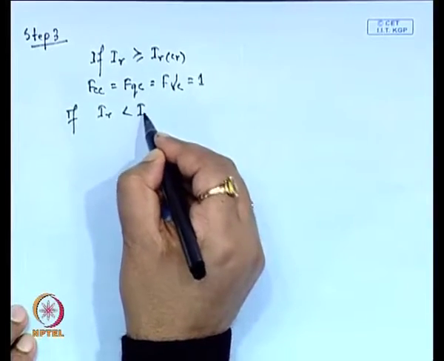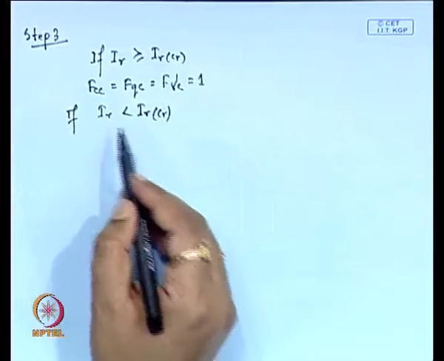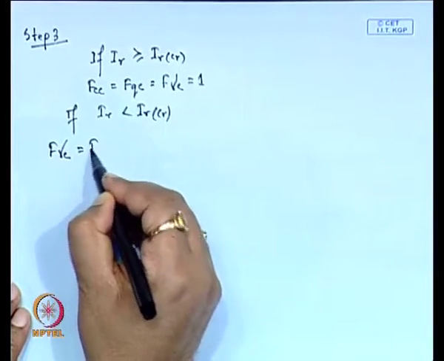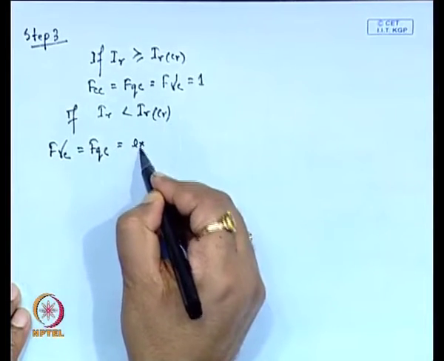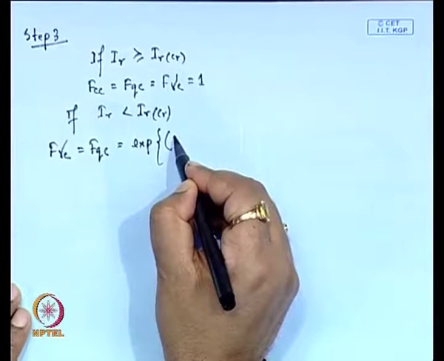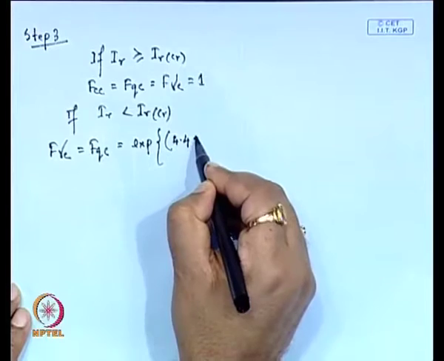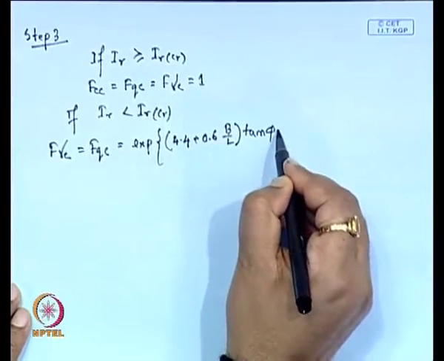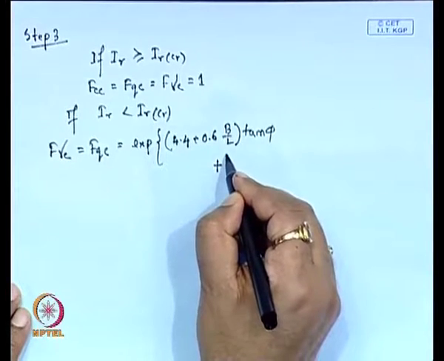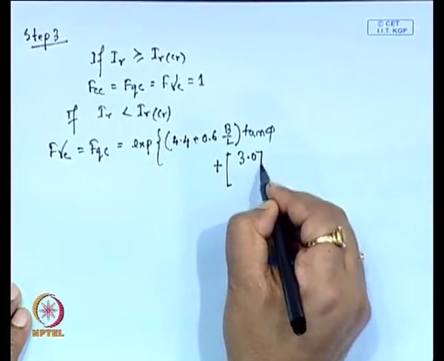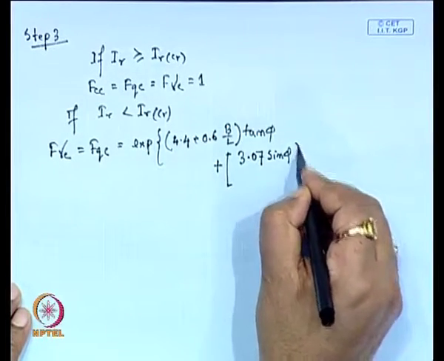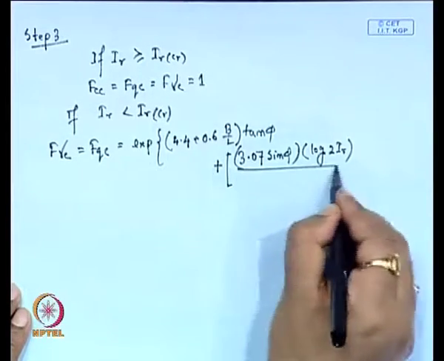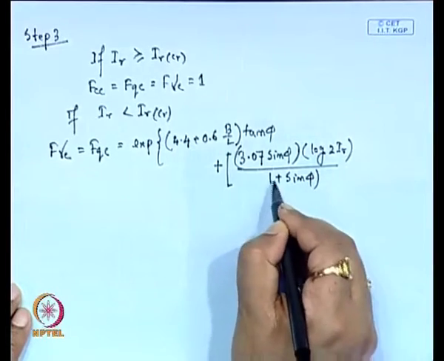Now, if IR is less than IR critical, or rigidity index is less than critical rigidity index, then F gamma C is equal to FQC is equal to exponential of (4.4 plus 0.6 B by L) tan phi plus (3.07 sin phi) log (2 IR divided by 1 plus sin phi).